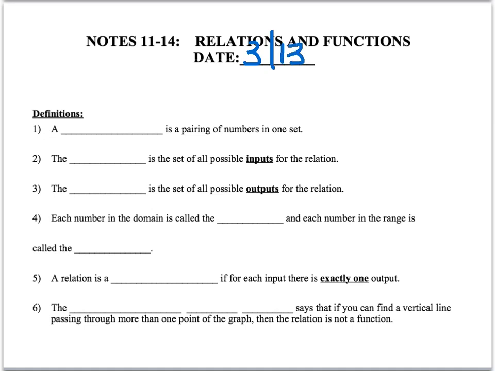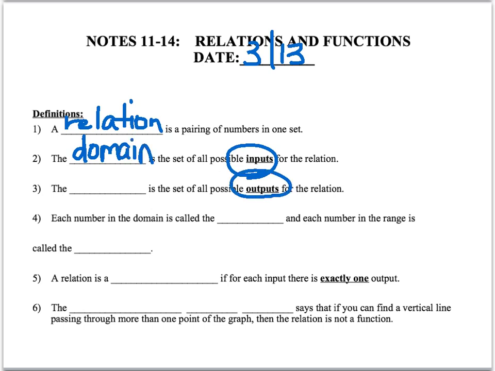So definition, a blank is a pairing of numbers in one set. It's a relation. It's like a group of numbers or a group of ordered pairs. Number 2, the blank is the set of all possible inputs. Input being the key word there. That is our domain. And then the blank of all possible outputs is our range.